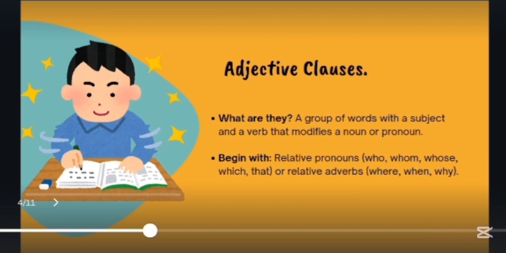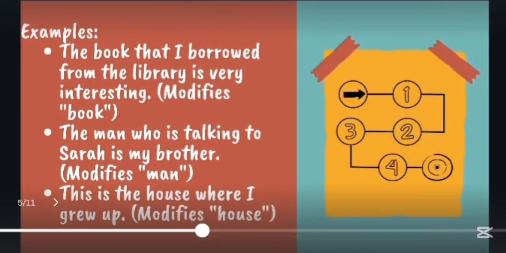To continue, we have different examples of this one, like the book that I borrowed from the library is very interesting. Another can be the man who is talking to Sarah is my brother, or this is my house where I grew up.